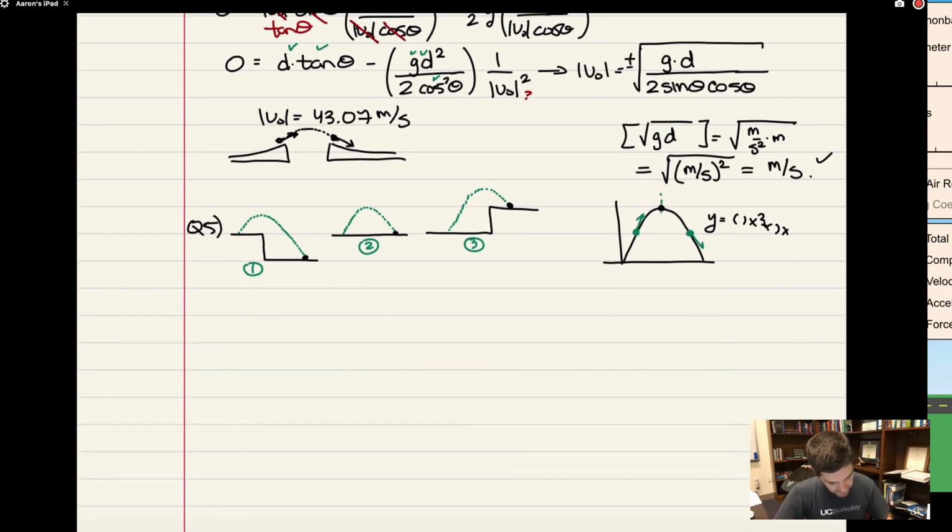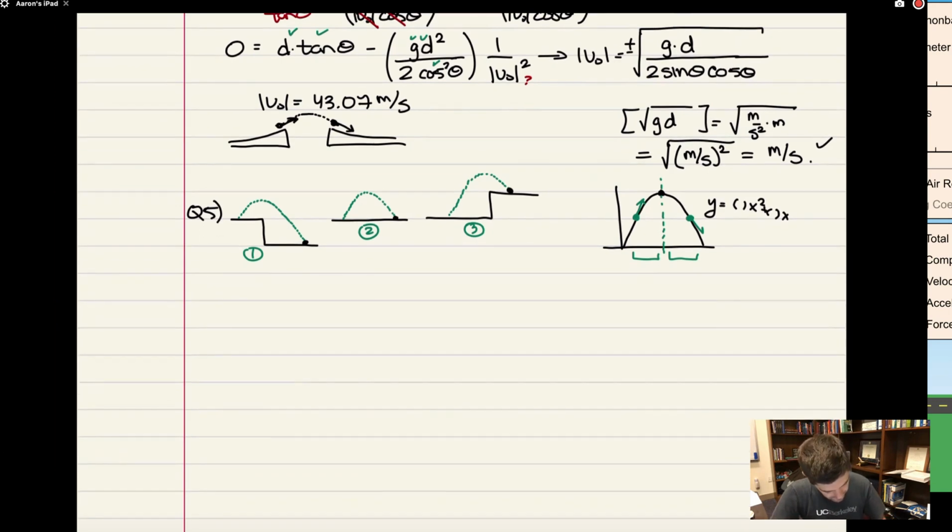And if they are perfectly symmetric about the center, so this is the same amount as this, so there are symmetric mirrored points, they both have the same horizontal velocity. And that actually has nothing to do with symmetry. That's just the fact that there's no acceleration in the horizontal direction. So the horizontal velocity is not changing.